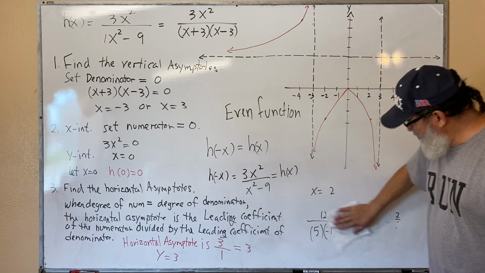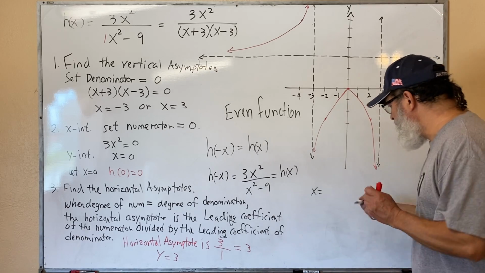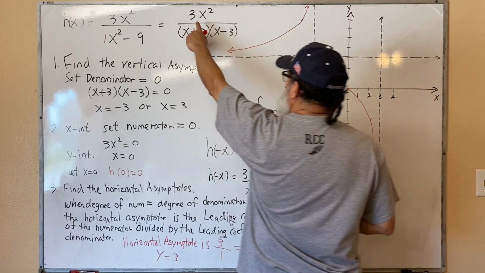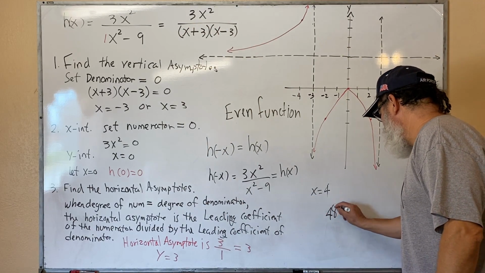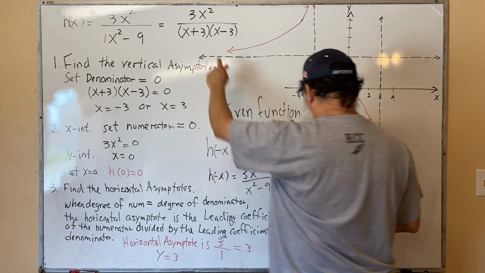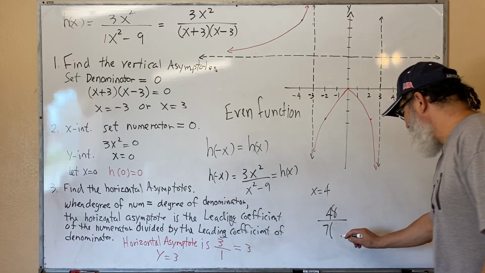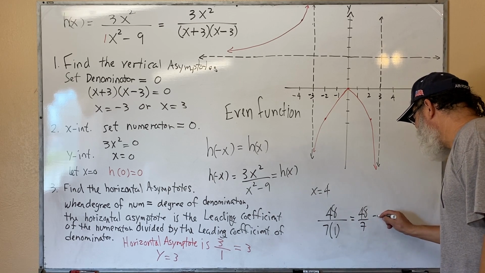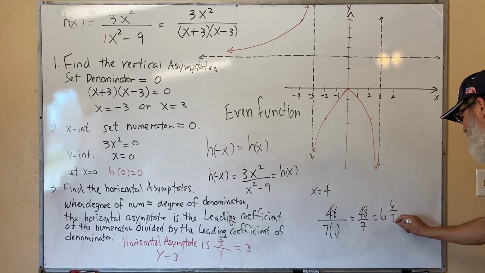Plug in 4. 3 times 16 is 48, divided by 4 plus 3 is 7. 4 minus 3 is 1, which is 48 over 7, which is 6 and 6 over 7.